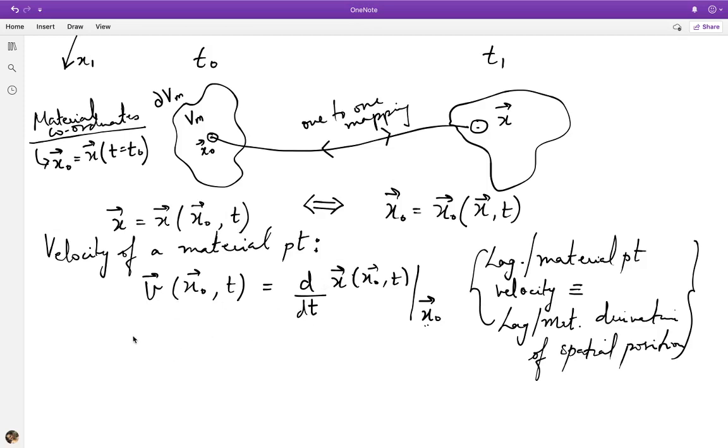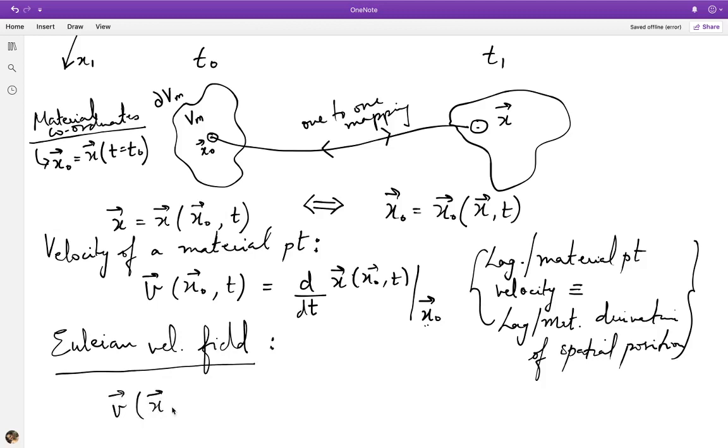All right, so to rewrite what I said in words in mathematics, the Eulerian velocity field, which we know to be v of the spatial position as a function of spatial position and time, can be obtained from the material velocity field by using the inverse mapping.